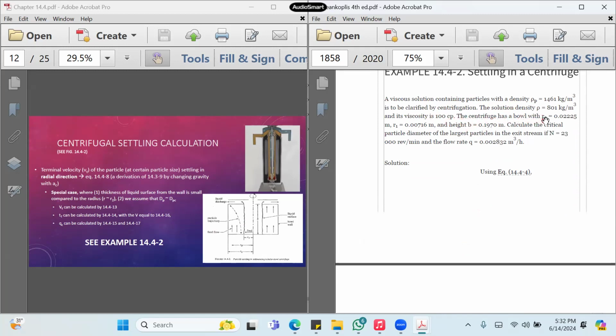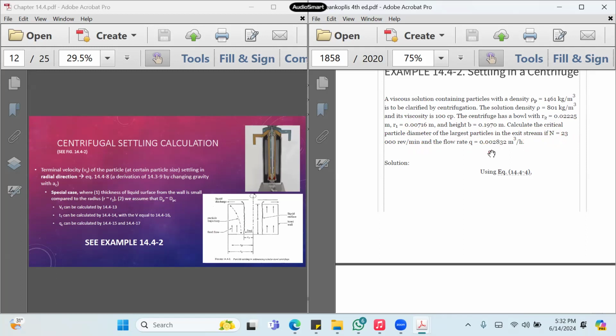The centrifuge has a bowl with R2 of this and R1 of this. R2 is the radius from the center line to the wall, and R1 is the radius between the center and the liquid interface. The height of the centrifuge is this. Calculate the dPc in the exit stream if the rotational speed is 23,000 RPM and the flow rate is this.